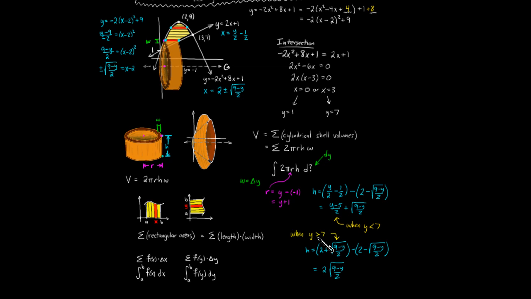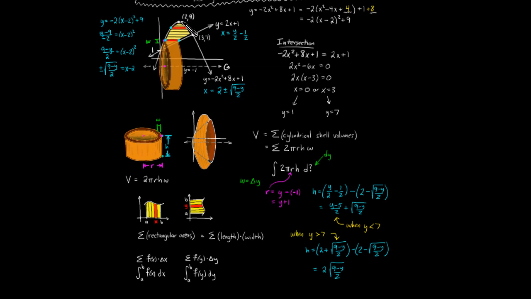And look, if y is greater than 7, so we're above this point of intersection, that's when we're talking about this problem occurring, right? So if y is greater than 7, our h is going to change. The x-coordinate of this point being on this parabola is also of this form.